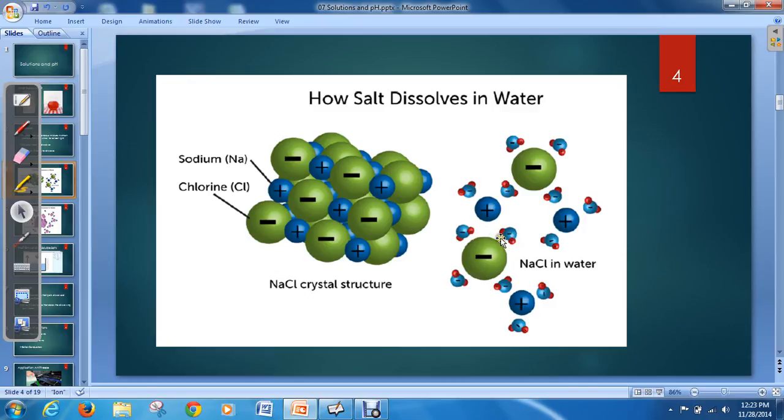If you remember, water is polar, so it has a positive side near the hydrogens and a negative side near the oxygen. Those hydrogens naturally group around the negative ion and push away the positive ion. As the water is able to surround all these ions, it is able to dissolve the entire material throughout the substance.